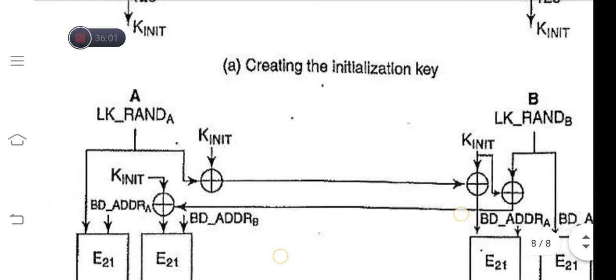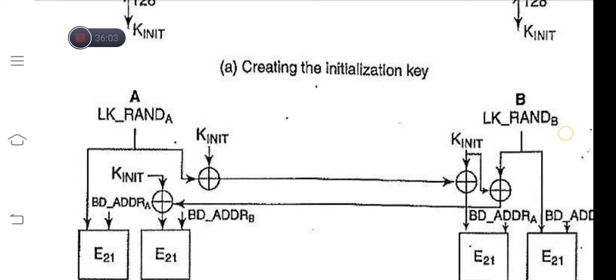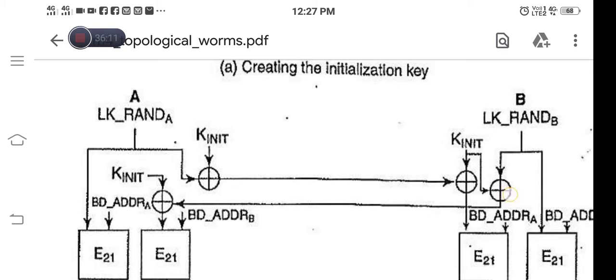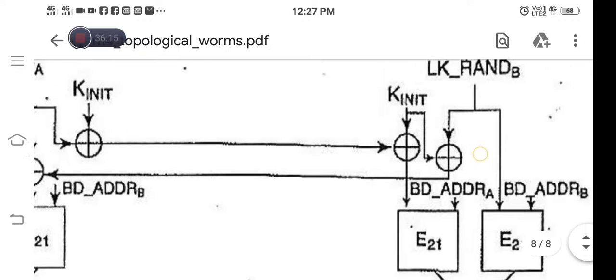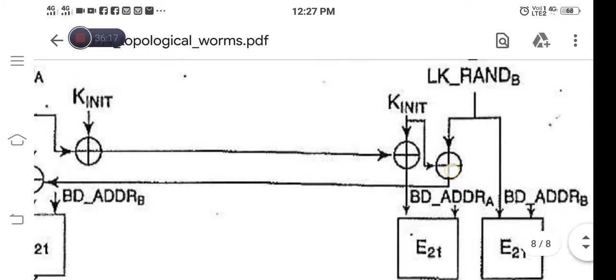Similarly, we have the random number at the B side. That random number value is XORed with the K init, as we are seeing here, and that will be sent to the A side.